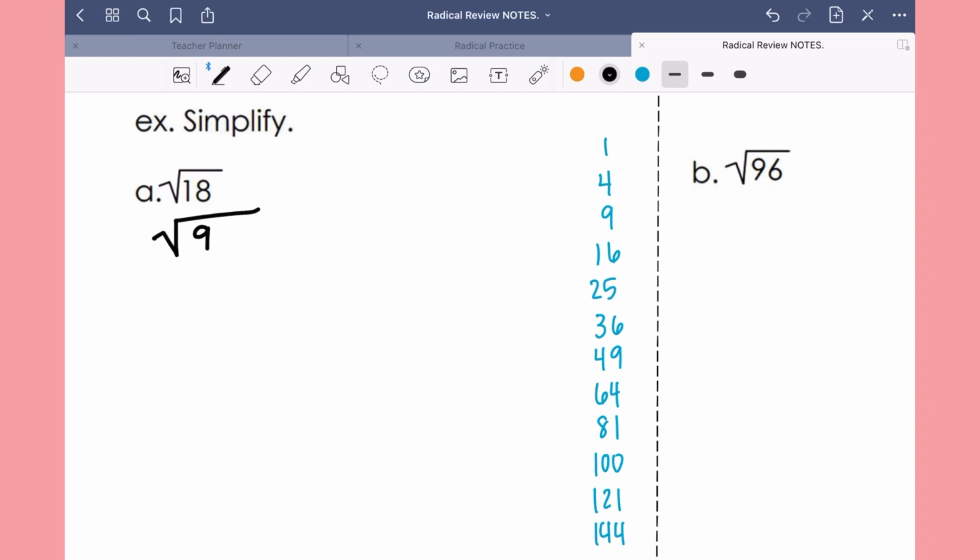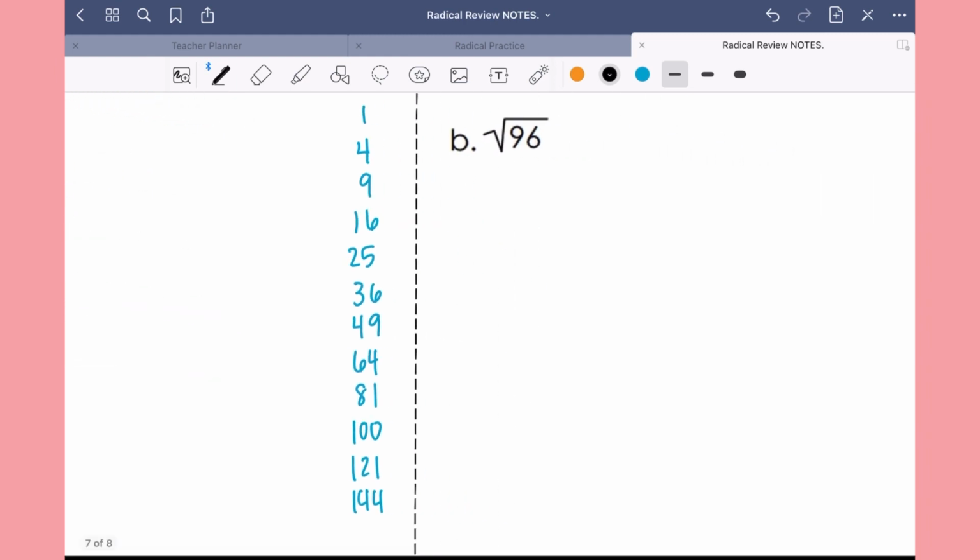So 9 times 2. Okay, and then I want to separate it because I want to simplify that perfect square. The square root of 9 is 3, and the 2 is already simplified. The 2 is already simplified, doesn't have any other factors that we can reduce.